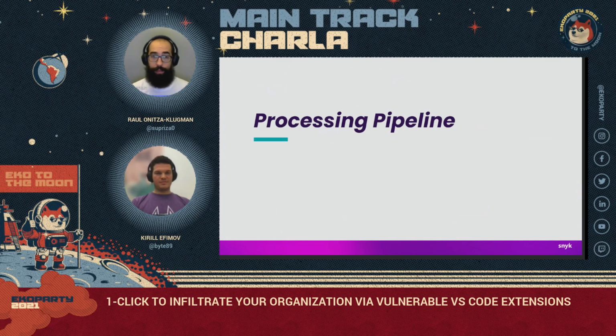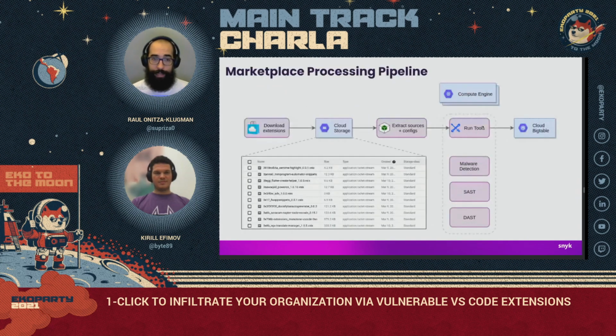We built a kind of processing pipeline to help us digest this big data set. Starting from the left, we downloaded all of the extensions and stored them in Google Cloud Storage. You can see here a snippet of that, just a bunch of VSIX files. Afterwards, we extracted the sources along with the configs.